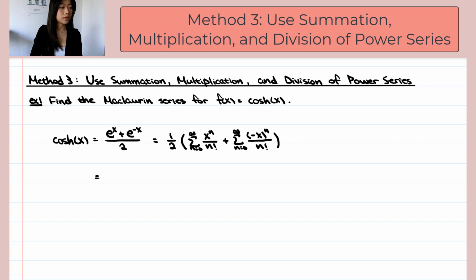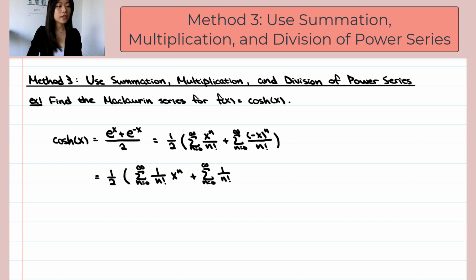So this equals half times the sum for n starting from 0 of 1 over n factorial, then times x to the power of n, the second term, plus the sum for n starting from 0 of 1 over n factorial.